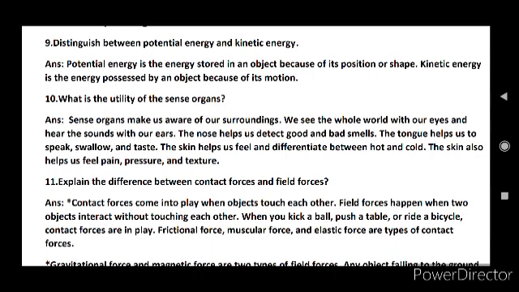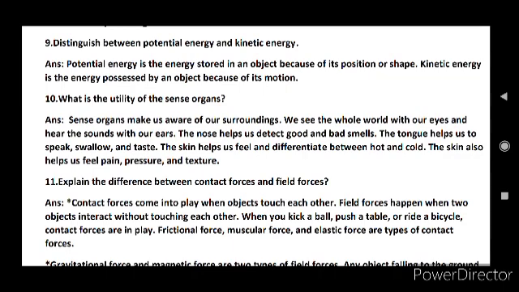Next, the 10th question: what is the utility of the sense organs? We have a total of five sense organs: eyes, ears, nose, tongue, and skin. These sense organs make us aware of our surroundings.